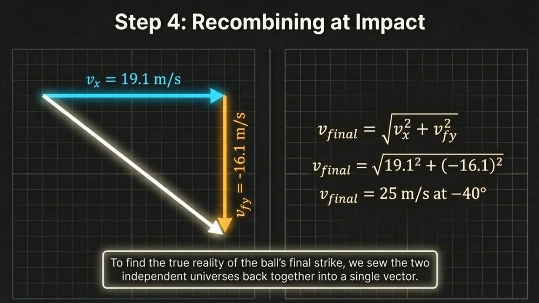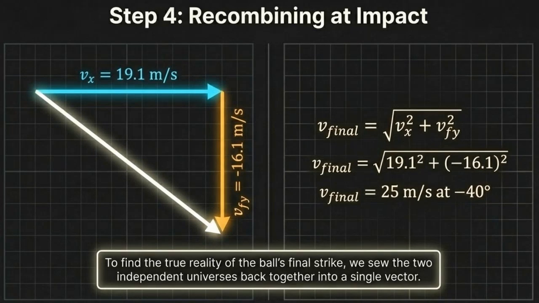Substituting the values, we get a speed of 25 meters per second. The direction of this velocity is 40 degrees below the horizontal, showing the combined effect of the two components as one final trajectory. This step completes our understanding by merging the two separate motions into the actual path the ball follows at impact.